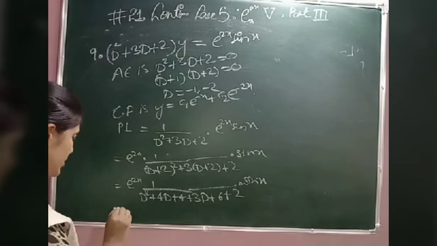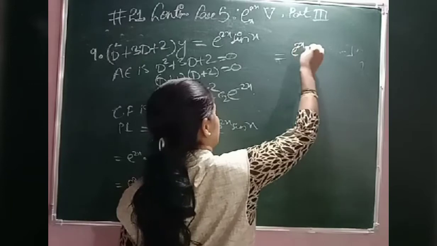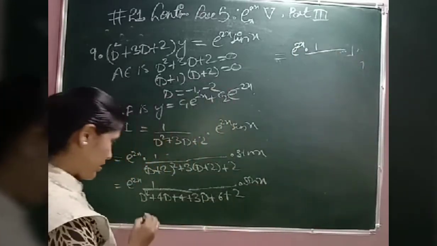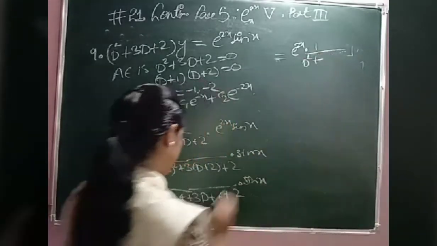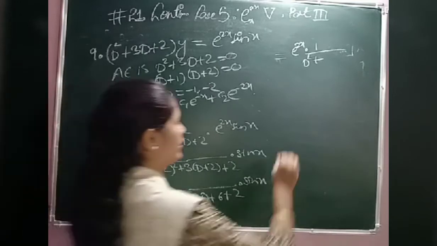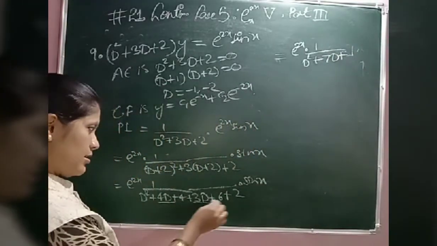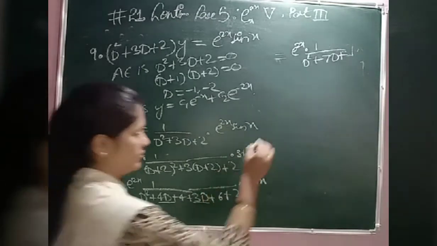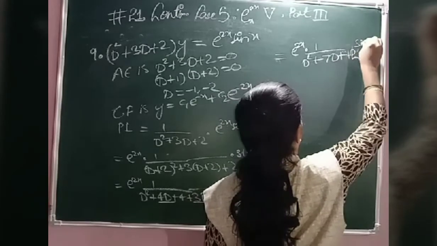So this gives e raised to 2x as it is, 1 by D square plus 7D plus 12 of sin x.